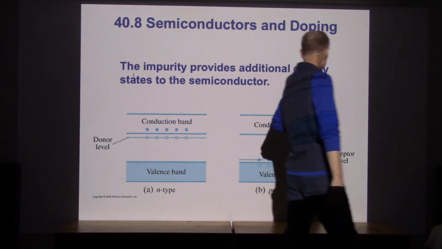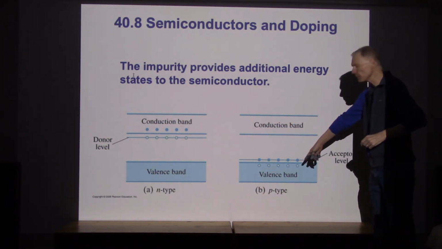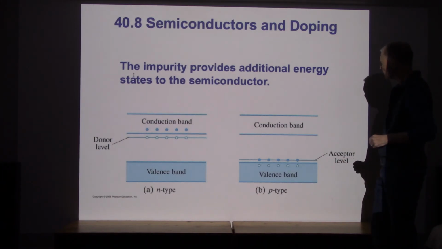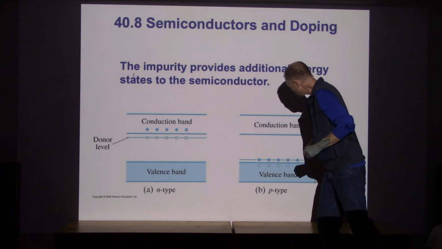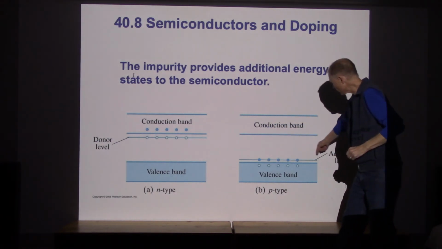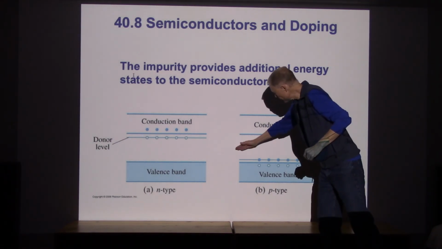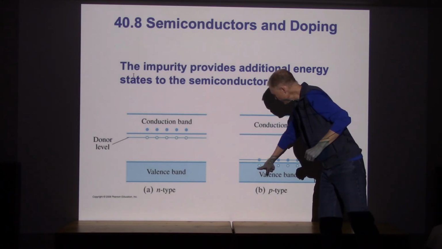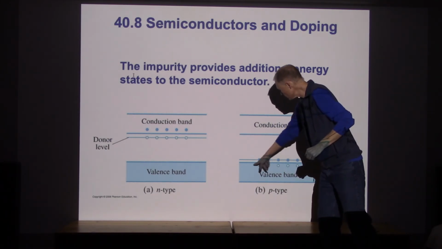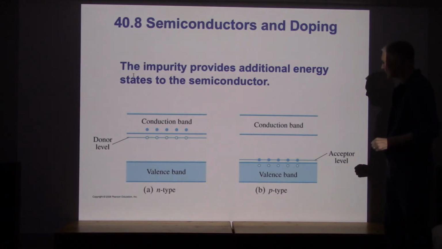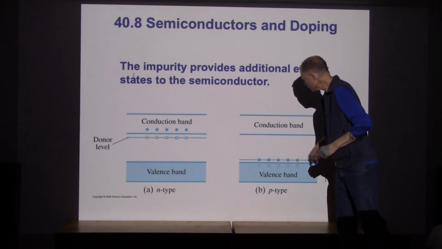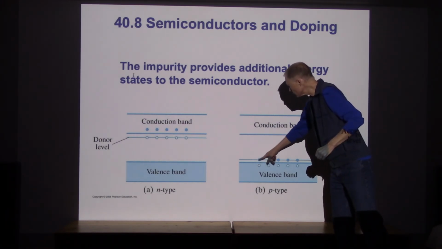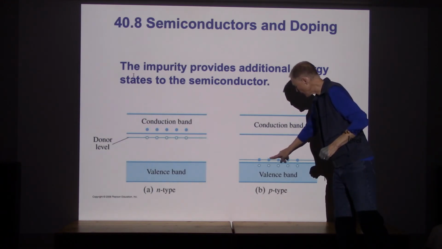Now let's see what happens if we use a p-type semiconductor material. If we use a p-type semiconductor material, we also generate some quantum states that are here, but these quantum states are taking the place of quantum states that used to be down inside the acceptor level. So what we've done here is create an additional set of quantum states that enable electrons to jump in and out of the valence band.